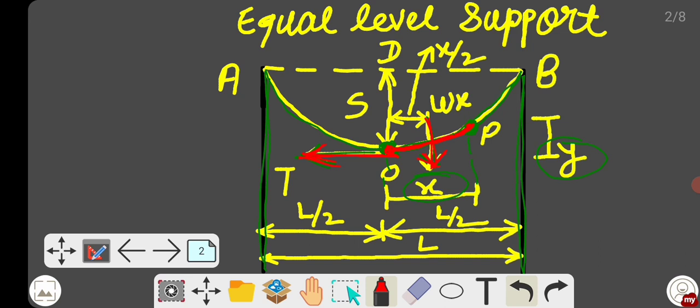So the total weight here is W into x. The total weight will act at the center point of the length OP, and its value will be Wx, acting in vertically downward direction.